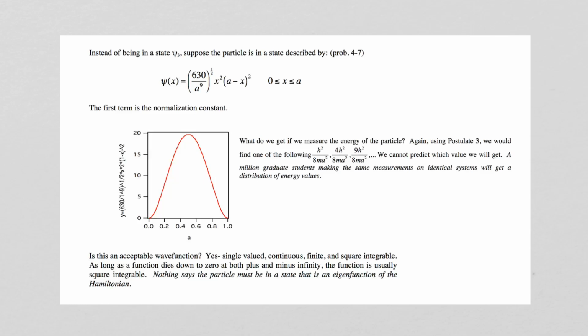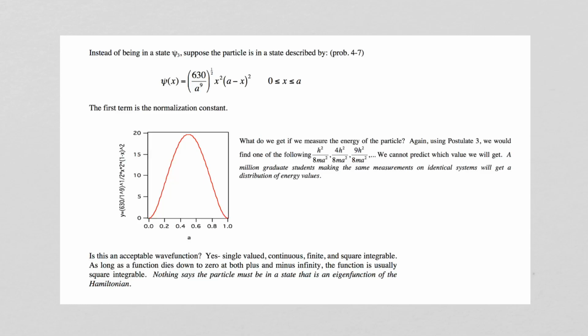Even if your particle is not in an eigenfunction or eigenstate of your system, you're still only going to measure eigenvalues that agree with postulate 3. So we're still only going to measure those eigenvalues that are associated with our particle in a box system.